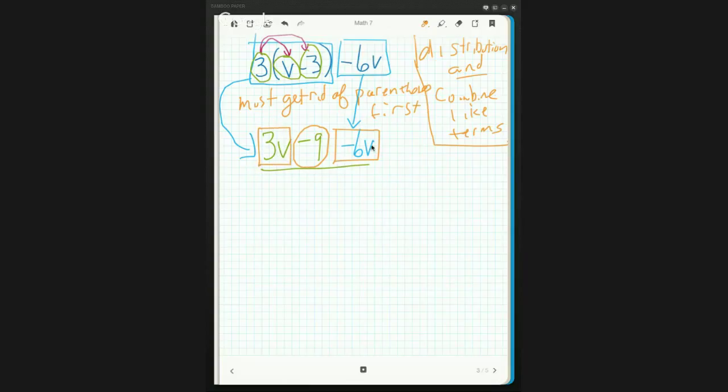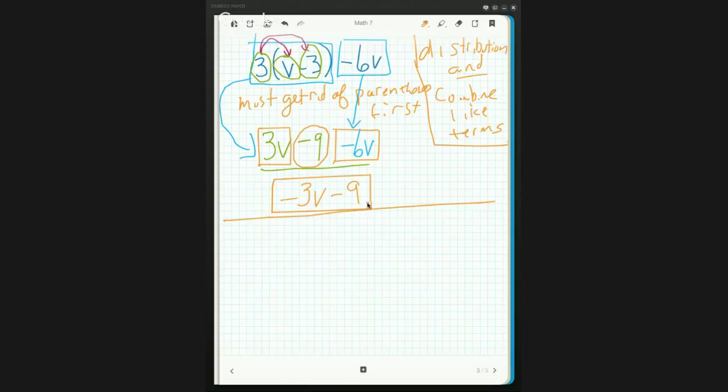So we can take a 3v and combine it with a -6v, and we get, well, it's got to be negative because we have 3 v's. We take away 6. Well, we take away 3 of them, and that gets us back to 0. And then we have -3v more, -3v. And then we just take our -9 and move it down. And so that's our answer. So we distributed, and then we combined like terms.